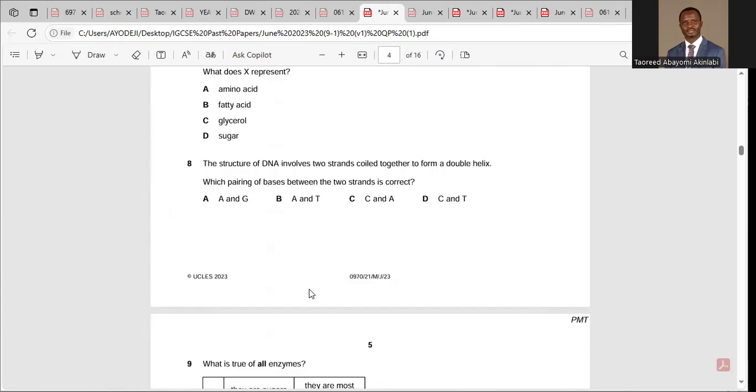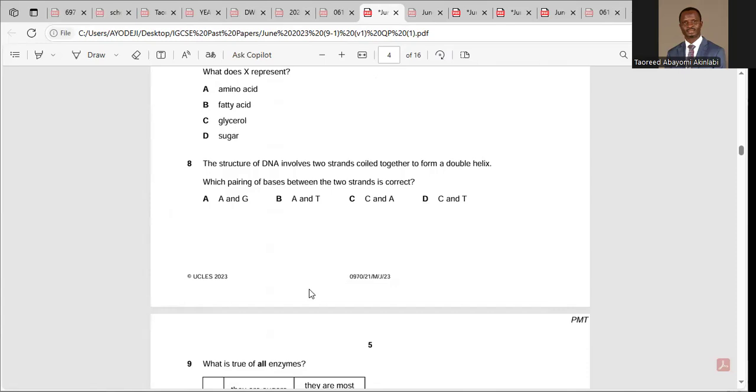The question can come in another format when you are asked to predict the numbers of bases that are present in the DNA molecule. Just note that the number that you have for adenine must be the exact number that you have for thymine, while the number that you have for guanine must be the one that you have for cytosine.